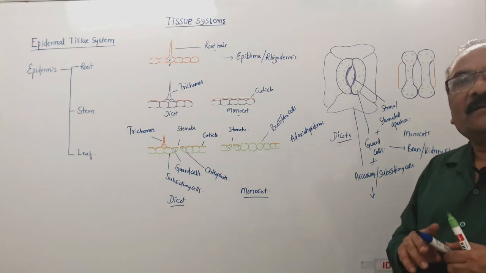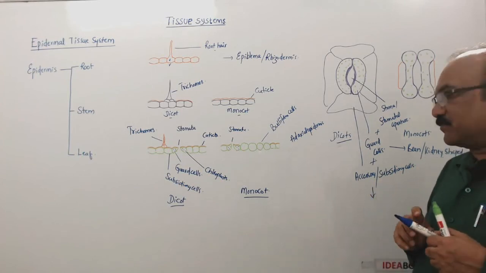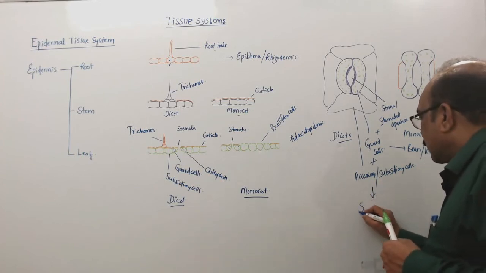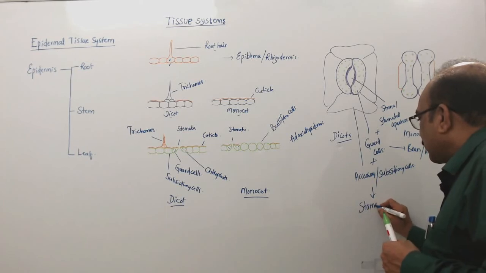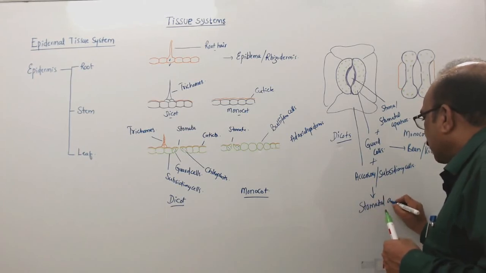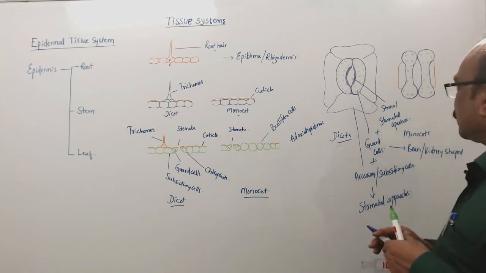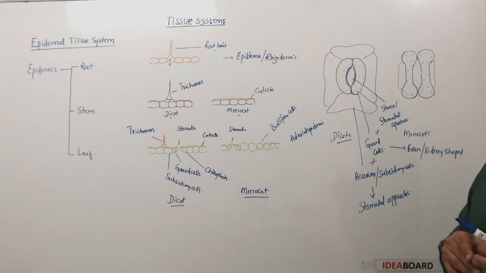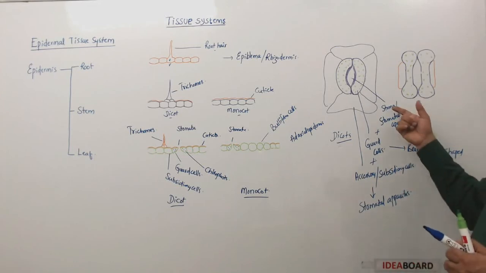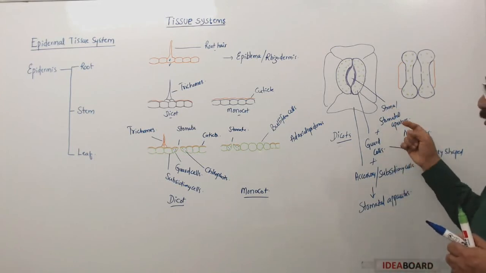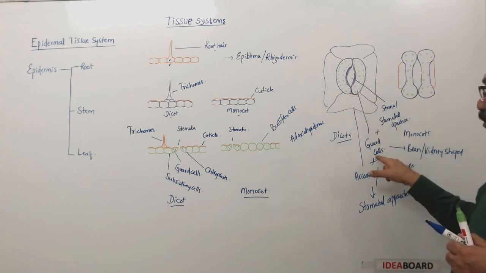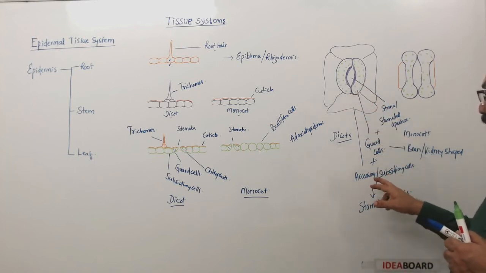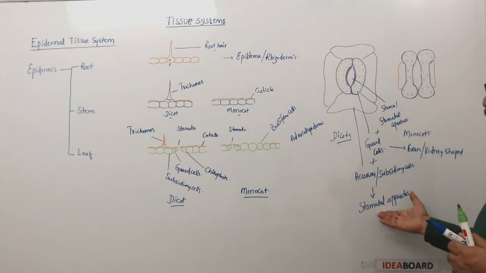They regulate the transpiration. That's why this is called stomatal apparatus. So now tell me what is meant by stomatal apparatus. Stomatal apparatus includes the stoma or stomatal aperture plus the two guard cells and the accessory cells.